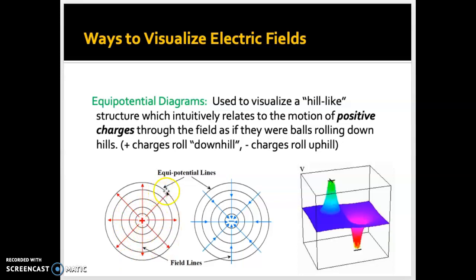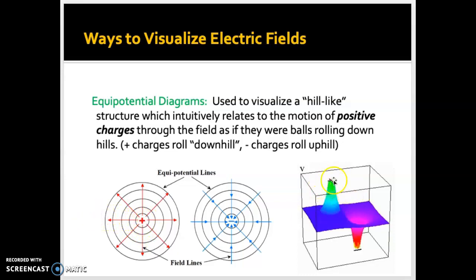Okay, and again, the last representation is these equipotential lines, places where everywhere on that line is the same potential or voltage. This is basically kind of drawing a topographical map. If you've ever looked at a topographical map, say of Albany Hill, it would be circles, right? Because at each one of these lines, it's the same altitude or the same height. If this is Albany Hill here, and you put a ball up on the top, it'll roll down the hill, right?